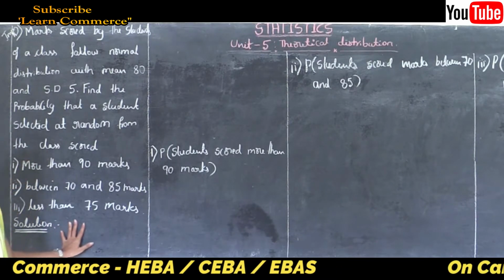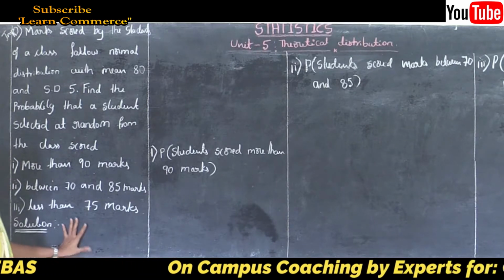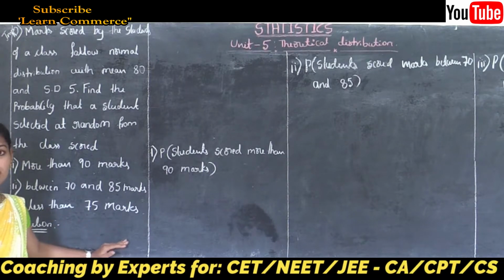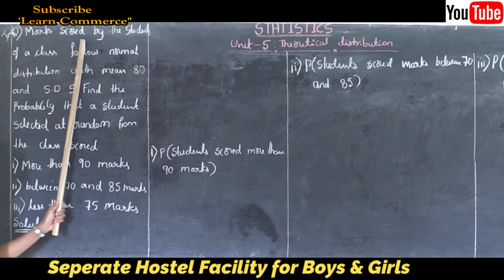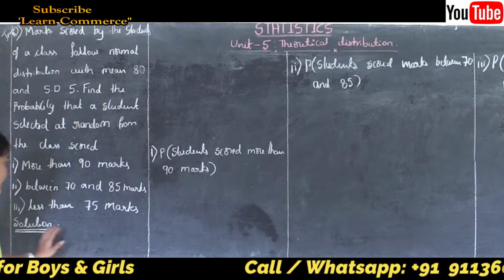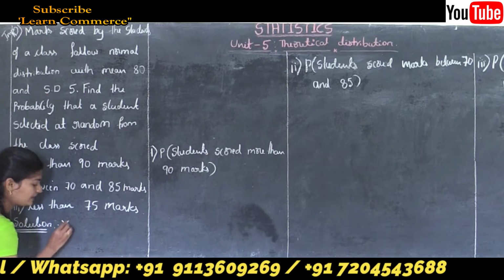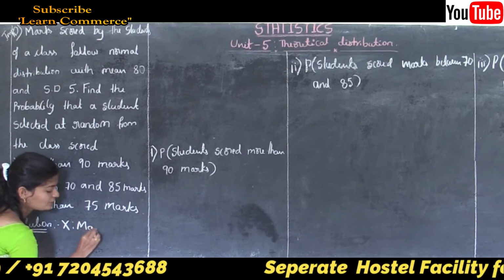Here, before the given observations, we have to write x, that is, the value of variable. What is the value of variable? The problem is based on marks scored by the students, so x is the marks scored by students.